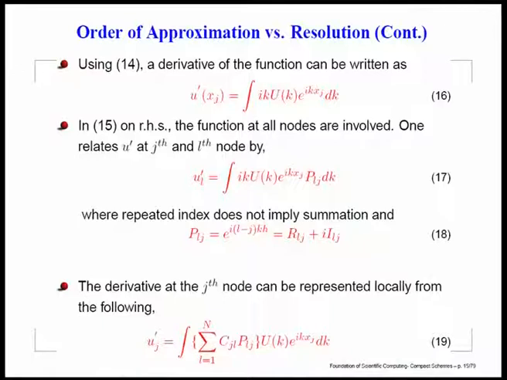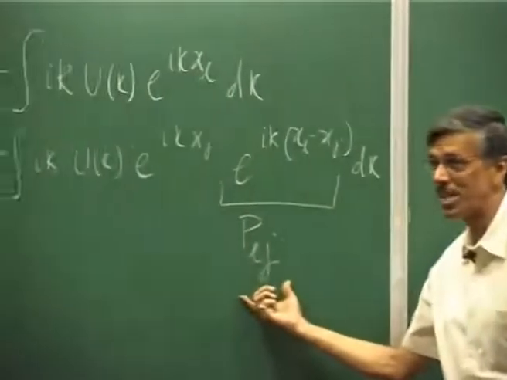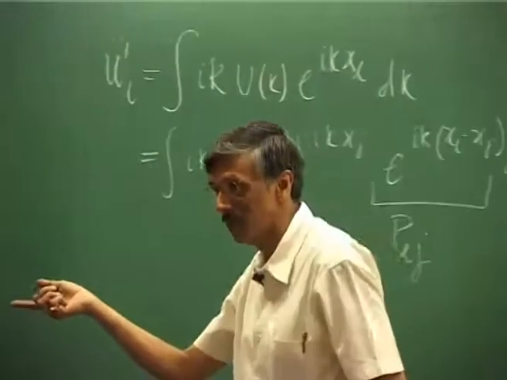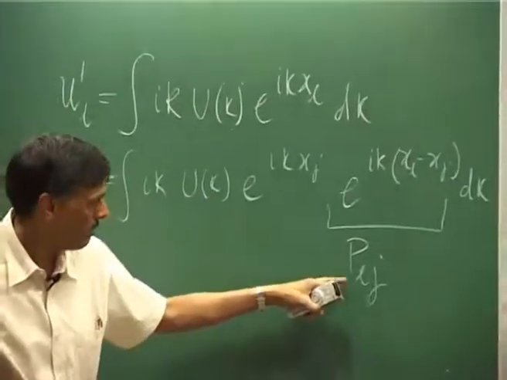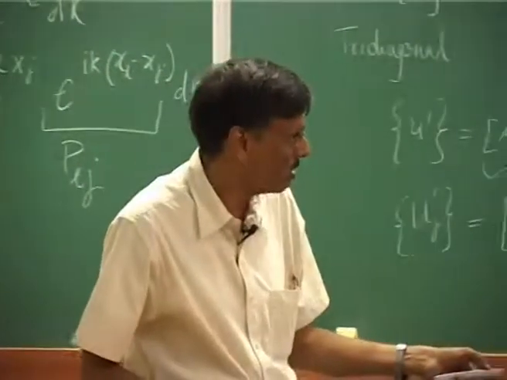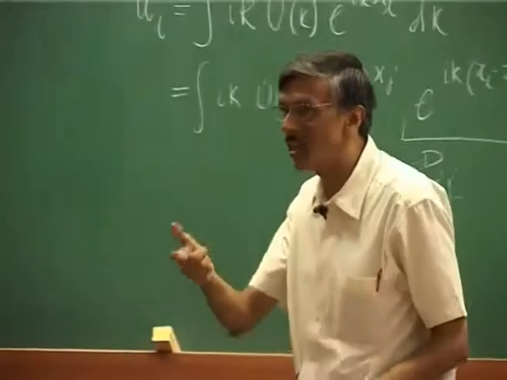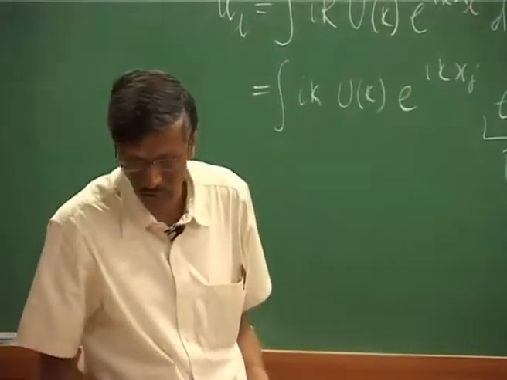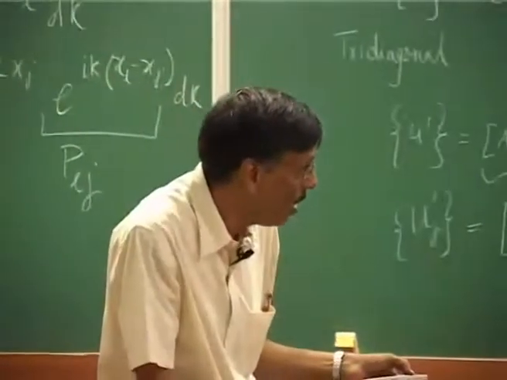I have taken the jth row and done that phase shift business. I project each and every point to the jth point. U1 has been projected to uj by having this, and so on and so forth. That is why this quantity within the brace tells you how the projection has been taken with the help of the C matrix. The C matrix is again a constant coefficient matrix, so you do not have to worry about anything; these are easily obtainable.